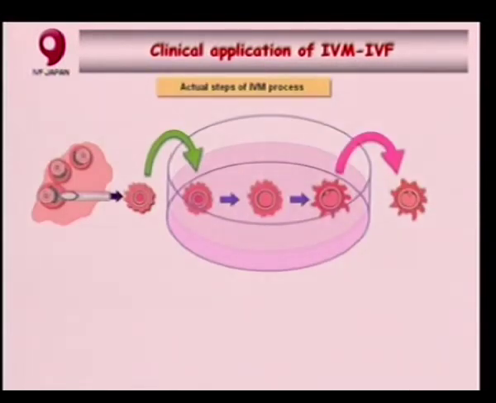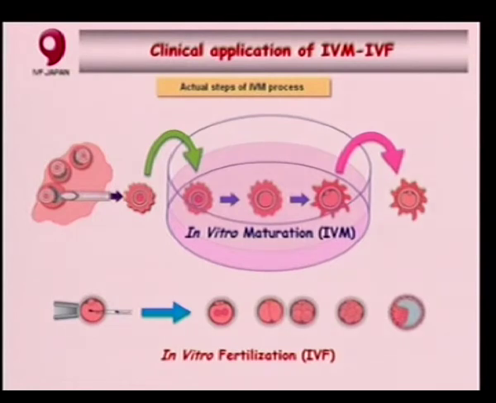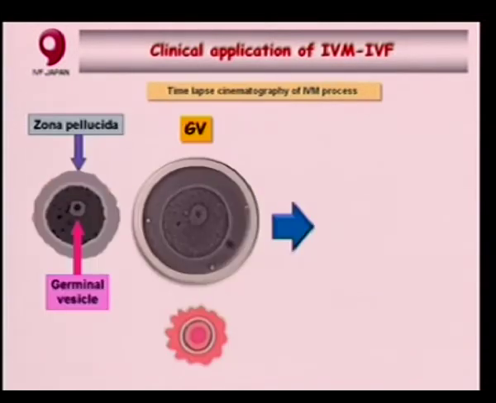The actual step of IVM is that we get the immature oocyte and then mature it in vitro, and once matured we do IVF the same as conventional IVF. This is the IVM.